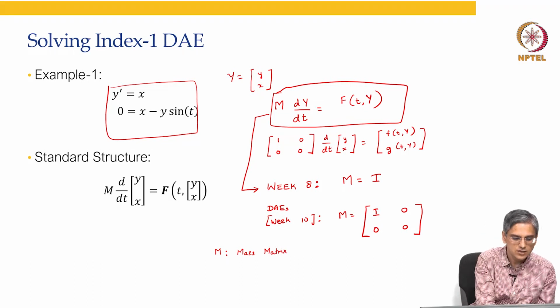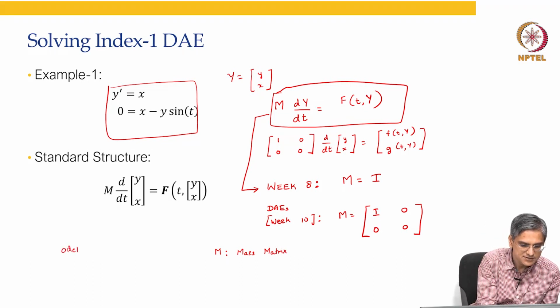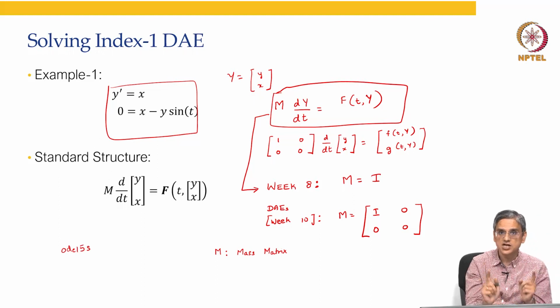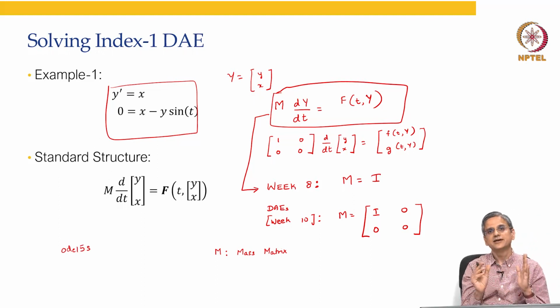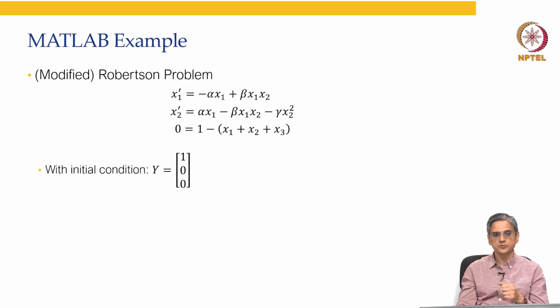ODE15s, which is our friend from week number 8, can also be used for solving differential algebraic equations. So with that, I come to the end of this video. In the next video, I will take up an example. The example that I am going to take is going to be what is known as the Robertson problem, and this is the example of the Robertson problem.